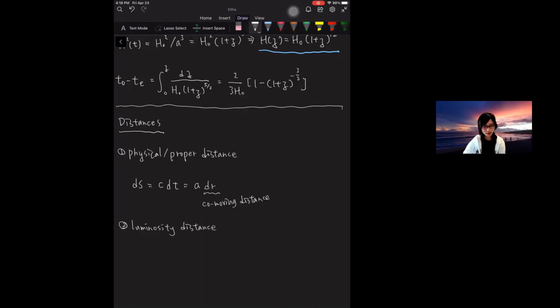Luminosity distance is defined by the relation between the luminosity and the observed flux, the flux we observe.